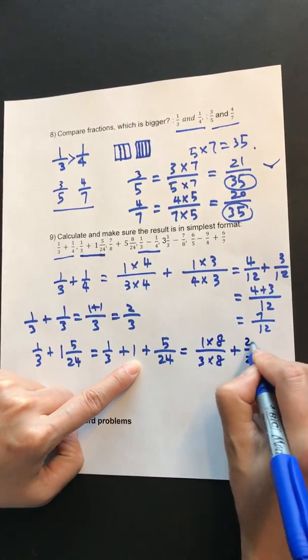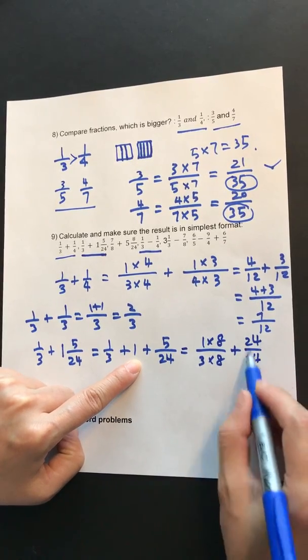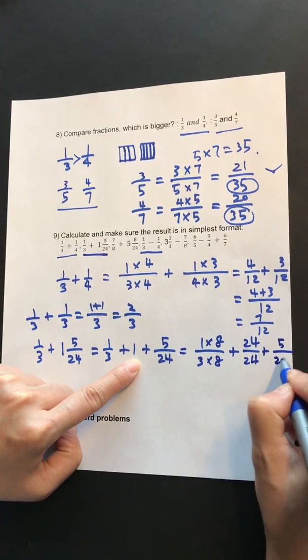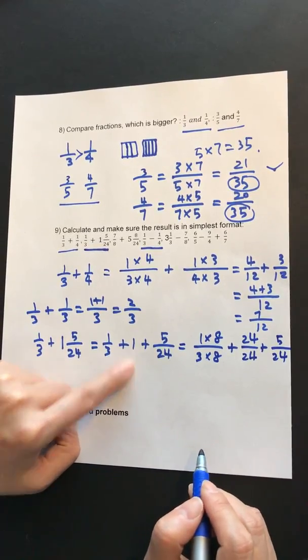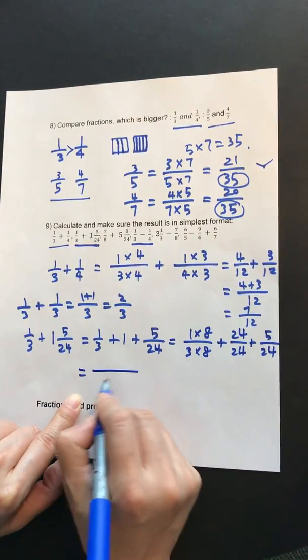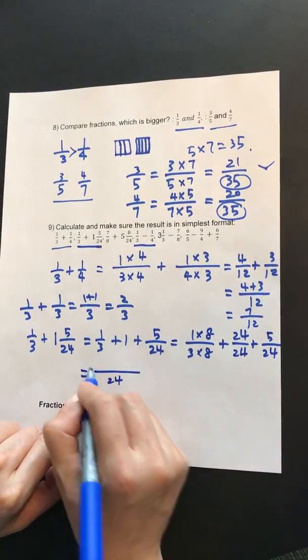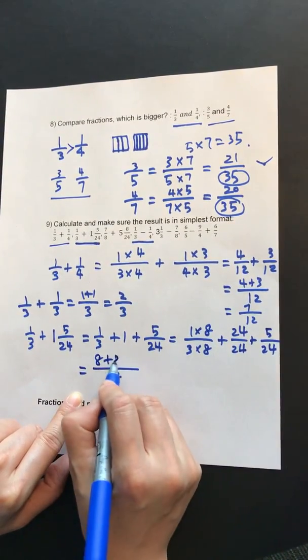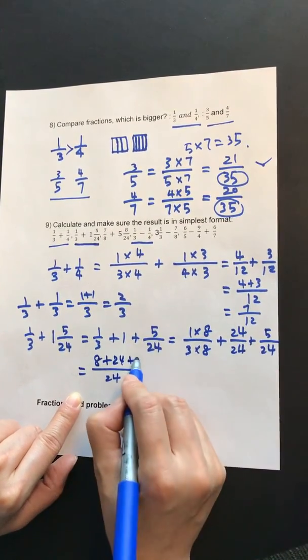So you have 24 of 24. That's a 1, that's a unity. And the second fraction is 5/24. So now we have all fractions in the same base: 24. The first fraction has 8, the second fraction has 24, the third fraction has a 5.